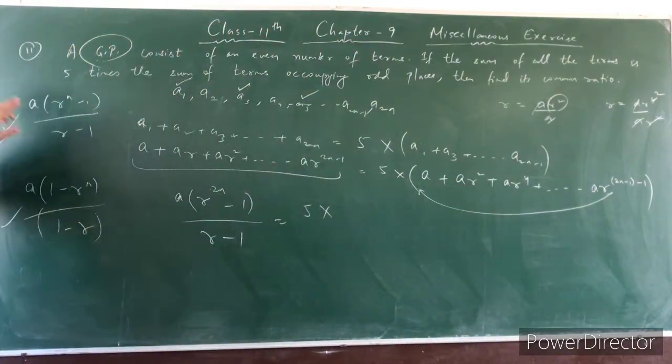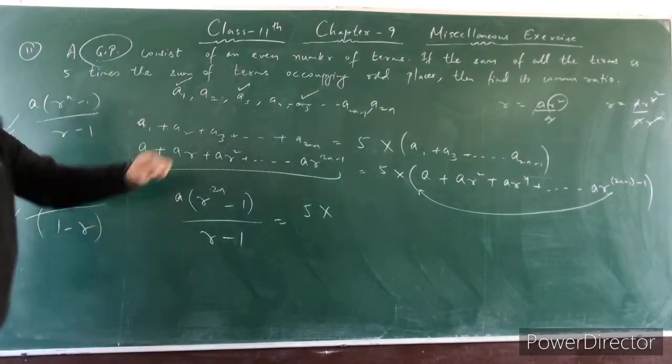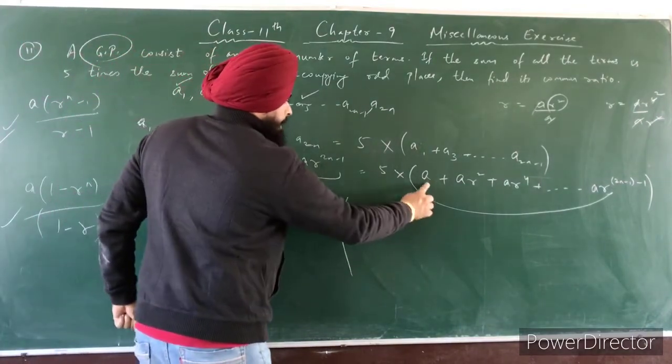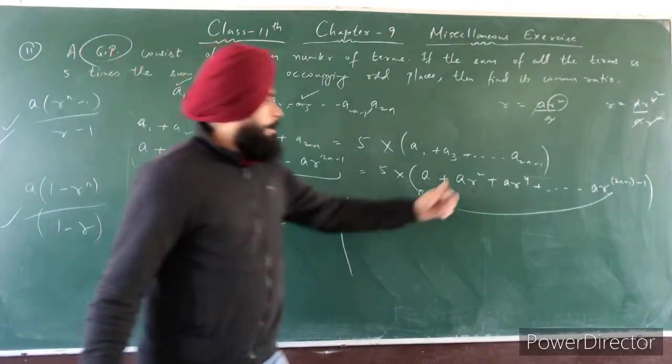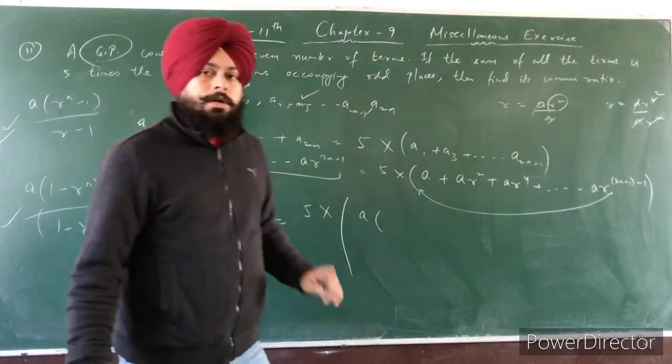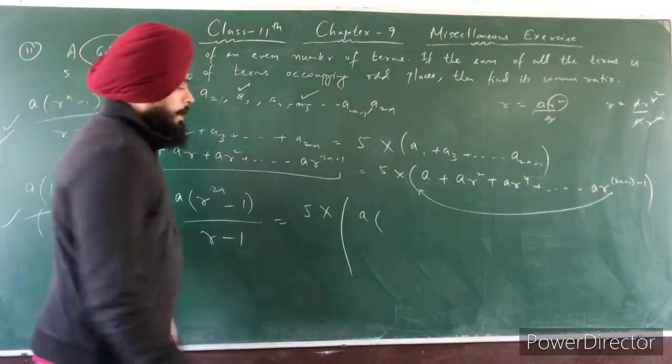So you can again put the formula for the sum of this GP series. Here the first term is a and the common ratio is r squared, not r.